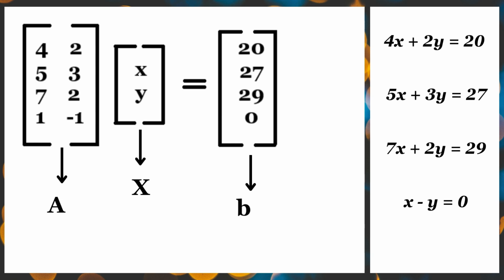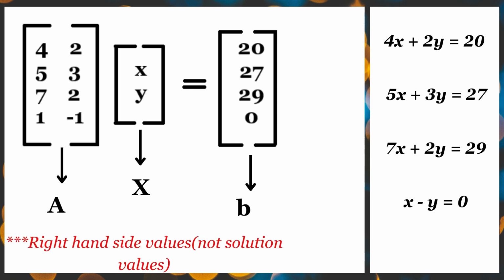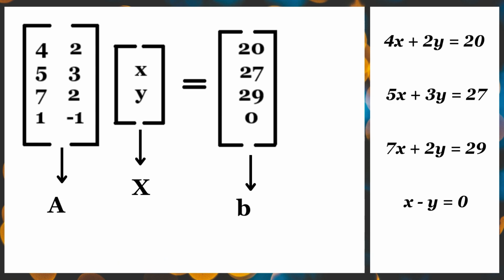Okay, and the vector x represents the two solution values that we have to find out. And on the right hand side, you can see all the actual values, the same as they are in the equations. That's 20, 27, 29, and 0. Now what we're going to do is edit this equation a little bit. Instead of the right hand side values, that is the values in the vector b, we're going to substitute those values with variables.